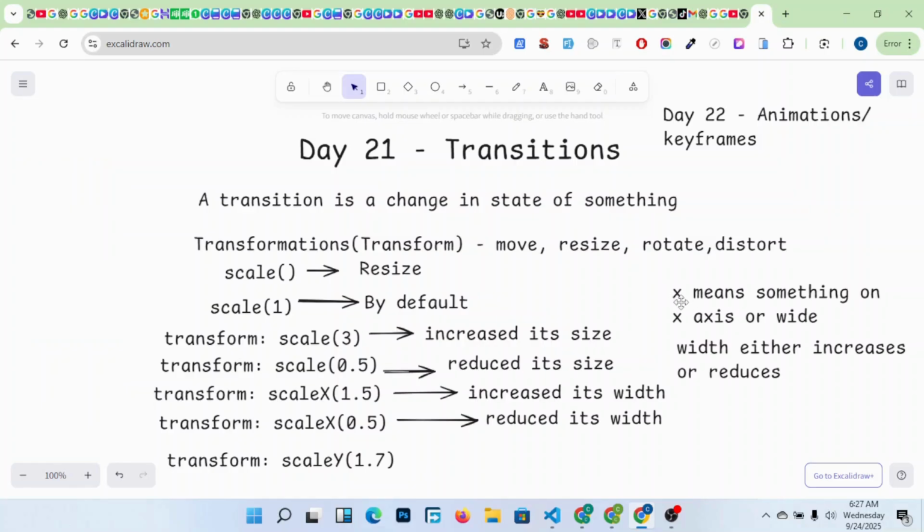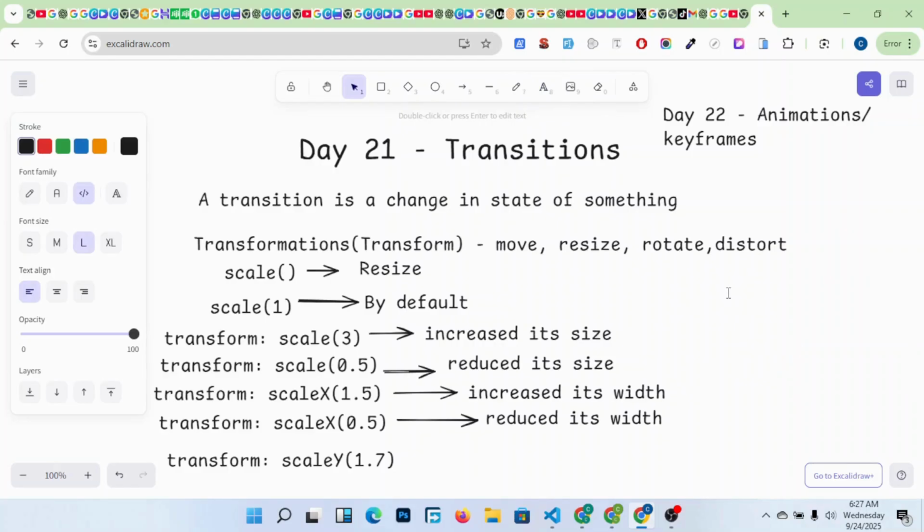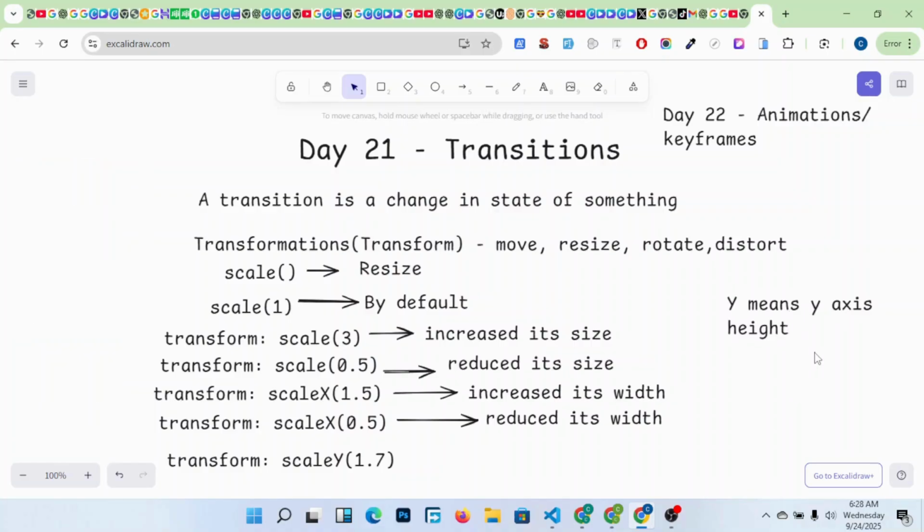So this one here means that the Y represents something that deals with the y-axis, or it deals with height. Okay. So when you see something like this, by default it was 1.